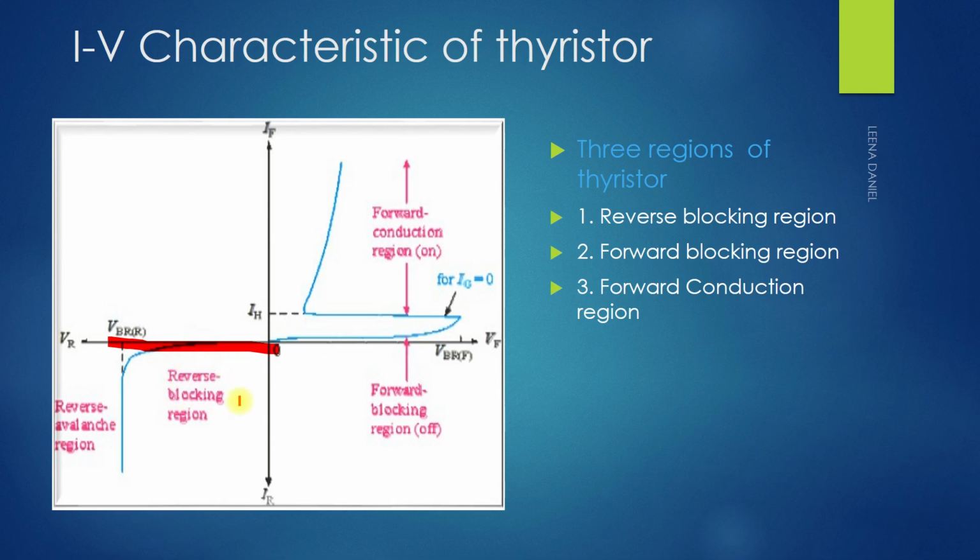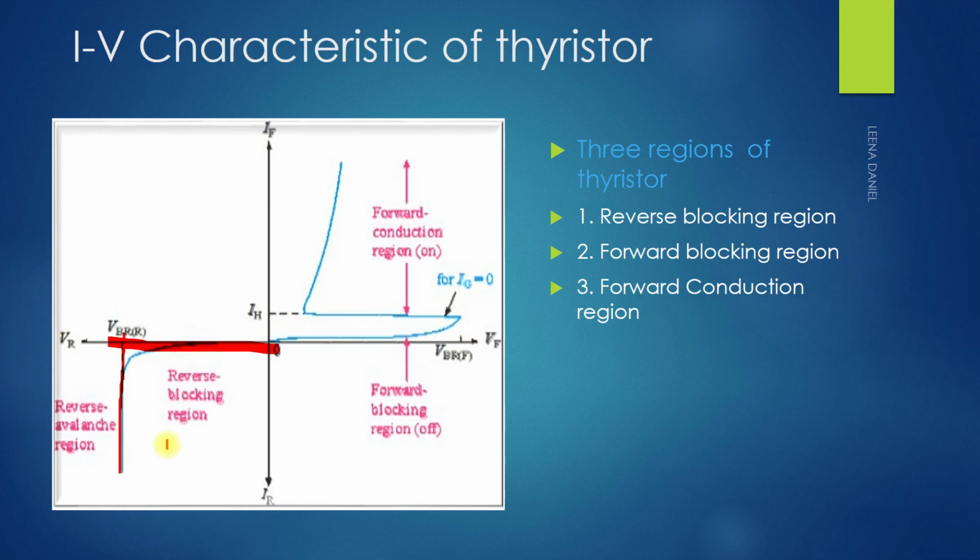That's why this region is called the reverse blocking region. But after a certain limit, the thyristor will break down, and this breakdown is called reverse avalanche breakdown, and the current will increase abruptly like this.